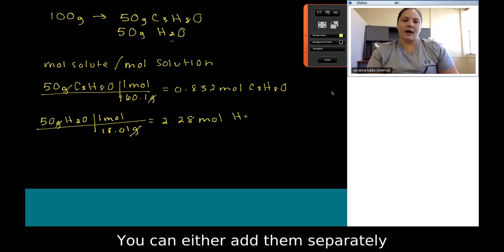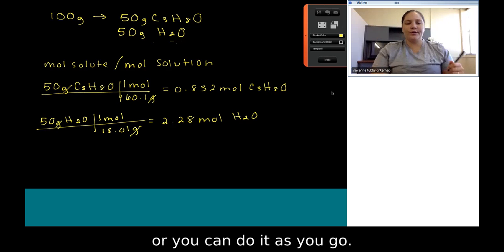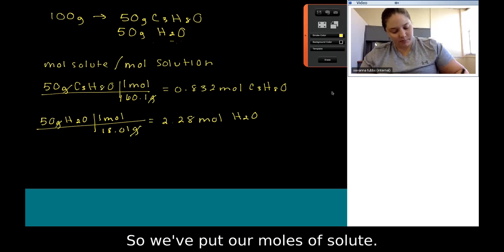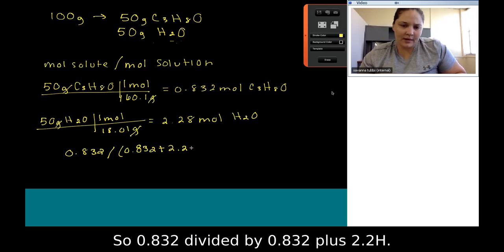You can either add them separately before putting them into our equation, or you can do it as you go. So we'll put our moles of solute, 0.832, divided by 0.832 plus 2.28.